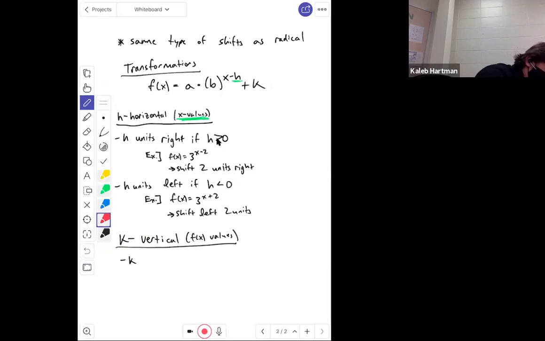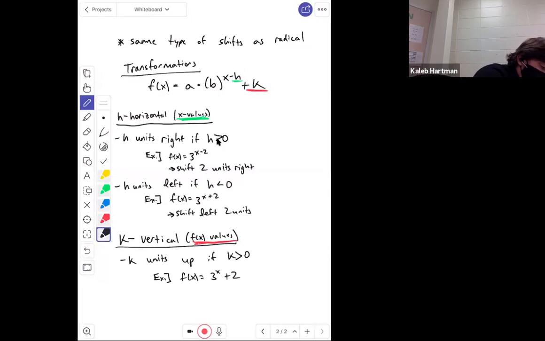I'm kind of color coding this, so let me do that as well. So that's going to move this K units up if K is greater than 0. If K is positive, it moves it K units up. So an example of this would be f of x equals 3 to the power of x plus 2.